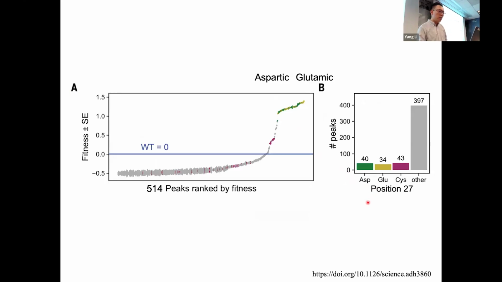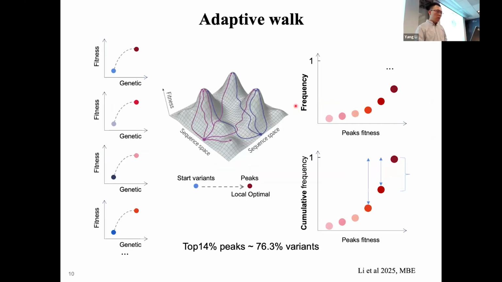From these studies, they have position 27. There are lots of green and yellow ones, and the panel shows the peaks ranked by fitness. From the right, the higher the fitness, the most frequent peaks are the blue, the green and the yellow ones. At this position, the blue, the green and the yellow ones are aspartic and glutamic acid.